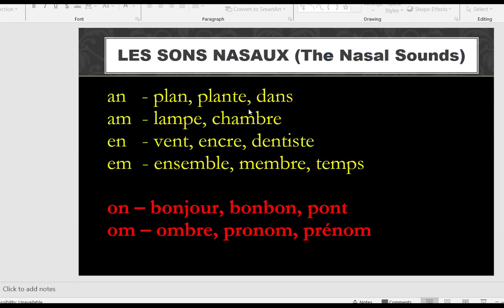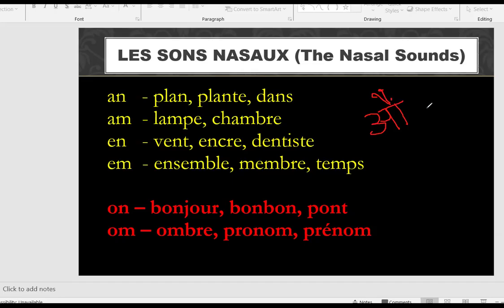Now we move to these sounds and we will apply the rule which we have just learned. The combination AN, AM, EN, EM: whenever you see this combination in a word, the sound is a nasal O. In Hindi, I will write it like a big O with a bindu.